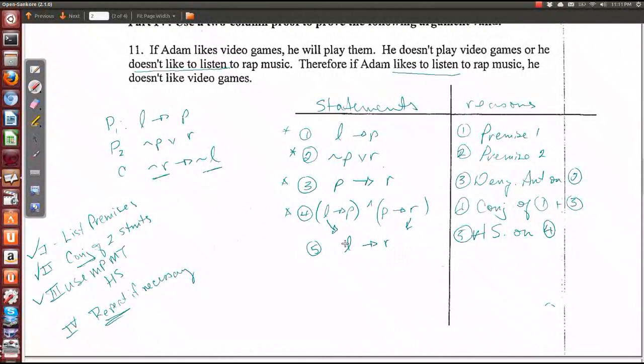Notice that the antecedent and consequent end up being exchanged and negated. And that's one of the logically equivalent statements, the contrapositive.